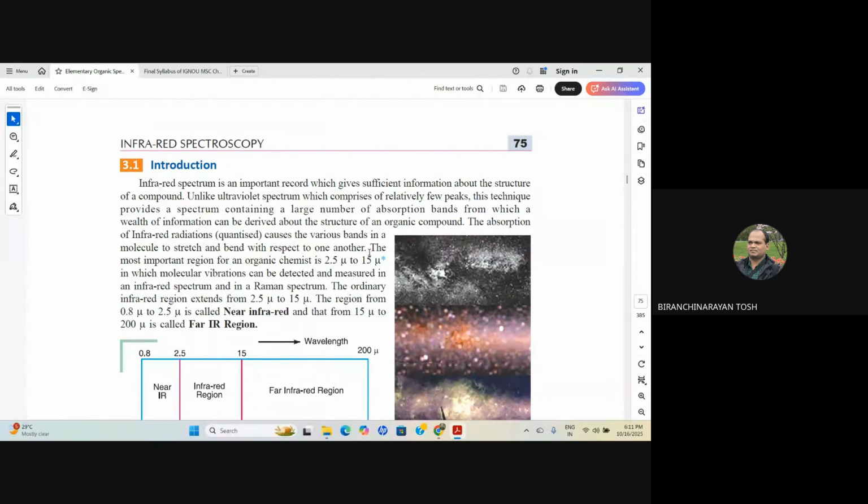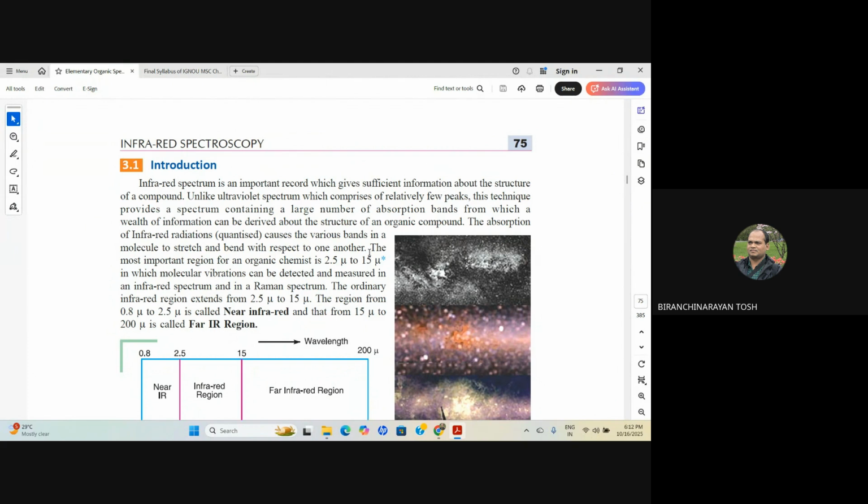So, UV and visible radiation has higher energy than infrared radiation. Infrared radiation has longer wavelength than UV and visible electromagnetic radiation. So, due to higher energy, when any molecule is irradiated with UV or visible light, there will be an electronic transition. That's why UV visible spectroscopy is also known as electronic spectroscopy.